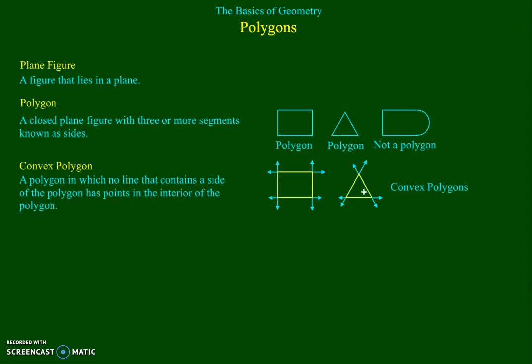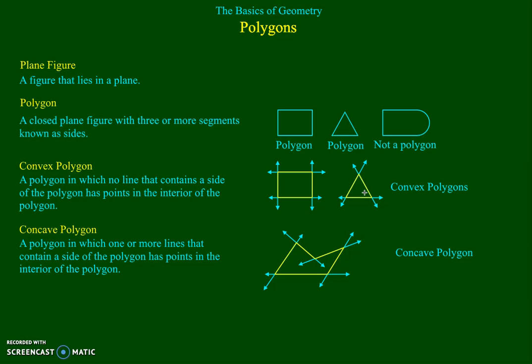Now, as a contrast, let's take a look at a concave polygon. Now, the idea of concavity is fairly easy. Just think of it as this polygon is caved in, like it hit a telephone pole or something. So this is caved in. But again, look at the sides and the extension of the sides into lines. Notice how this line does in fact have points in the interior of the polygon.